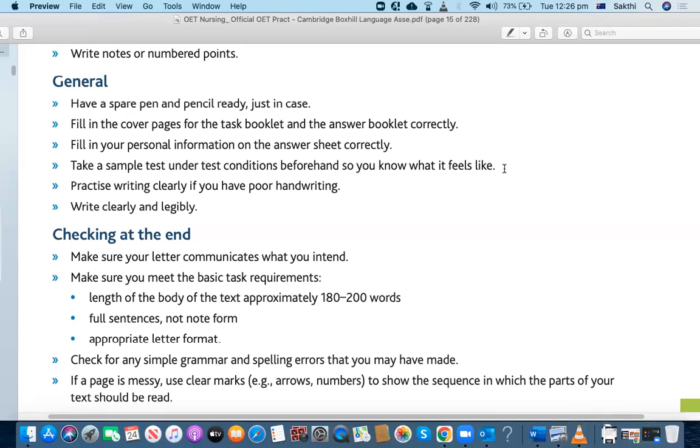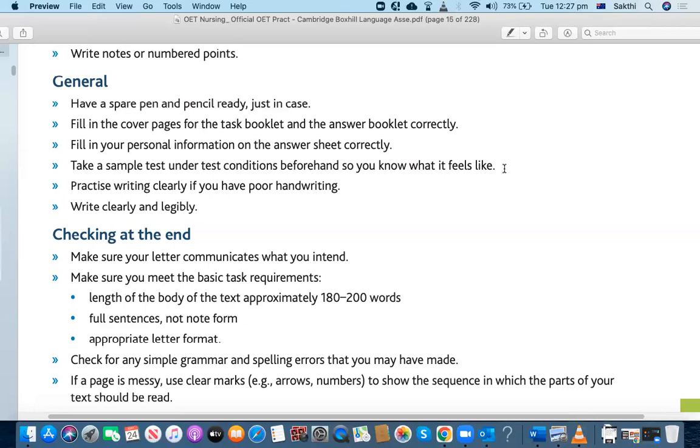I would like to strongly advise you to practice writing the letters within the time limit. Reflecting the examination environment in your practice test, whether it is writing, speaking, listening, or reading, is going to give you more confidence, because you will feel that you have already been completing the tasks on time.